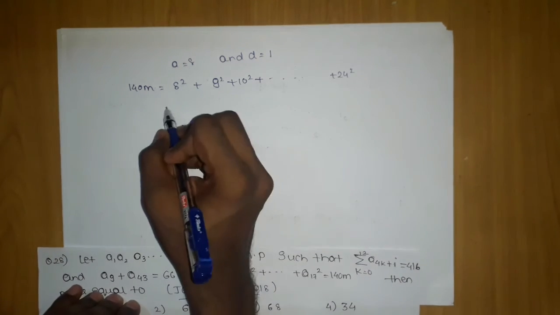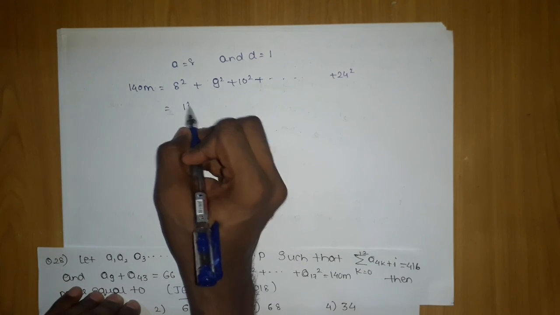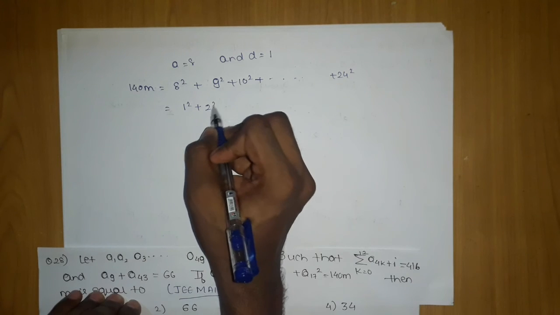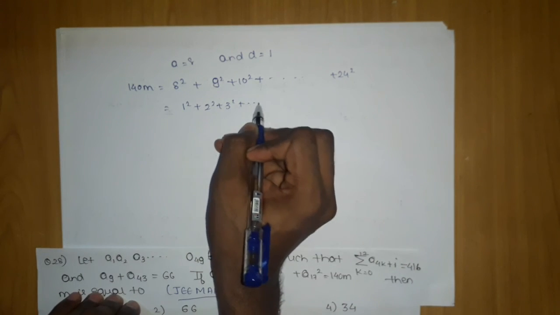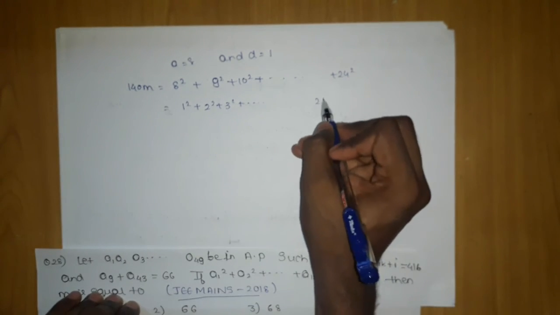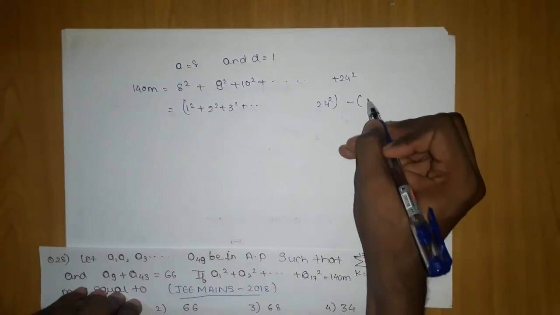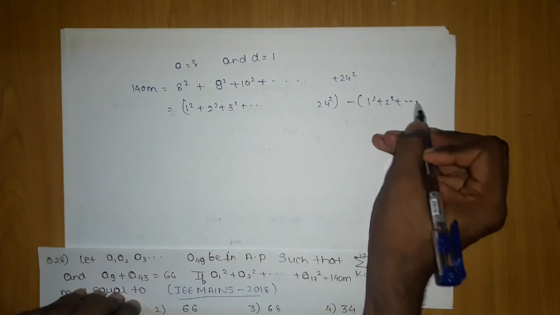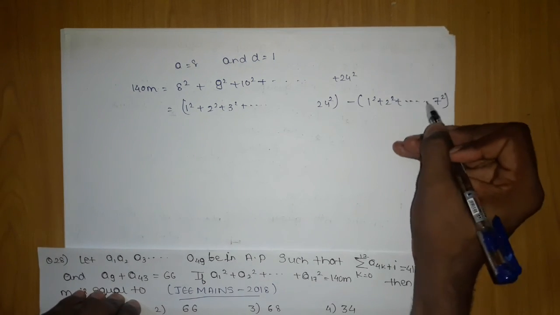Now to solve this, we will add and subtract the remaining terms. So 1 square plus 2 square plus 3 square and so on till 7 square, and then subtract the same, 1 square plus 2 square plus 3 square and so on till 7 square.